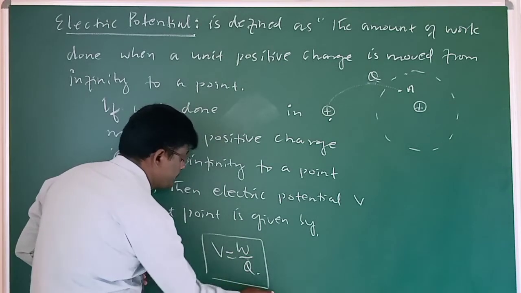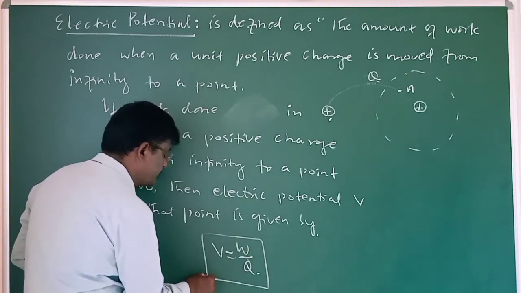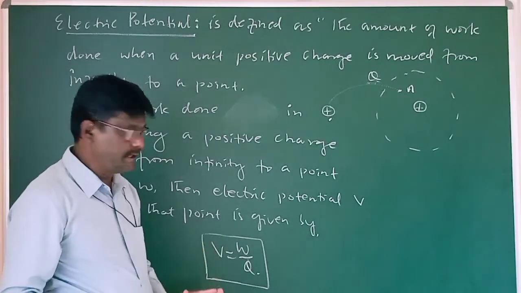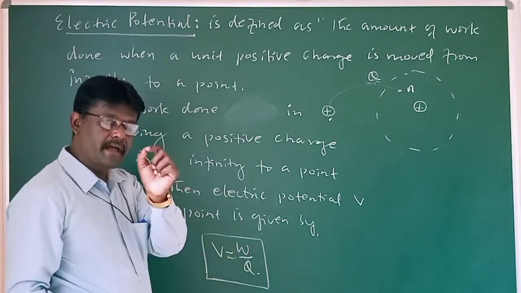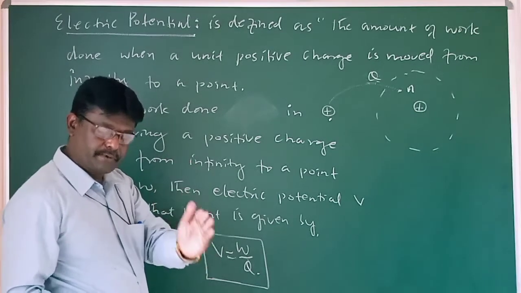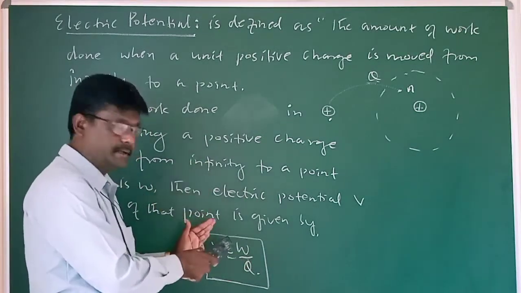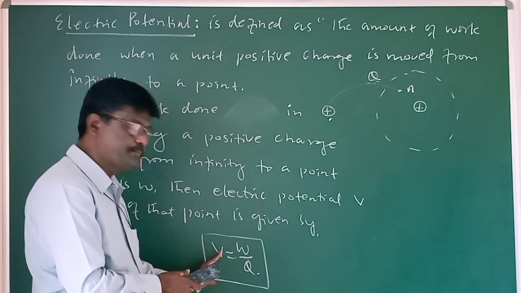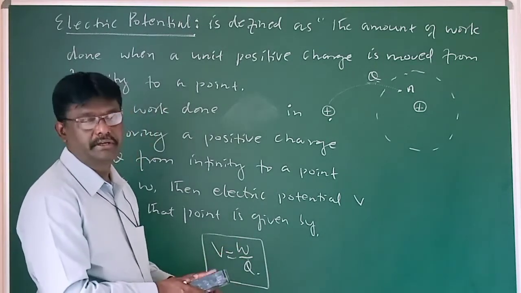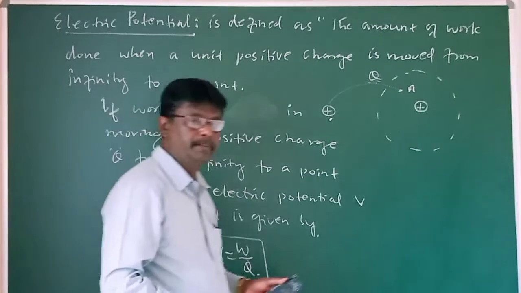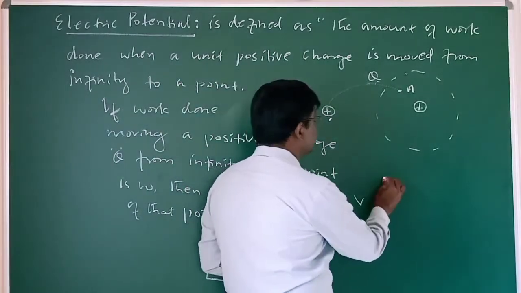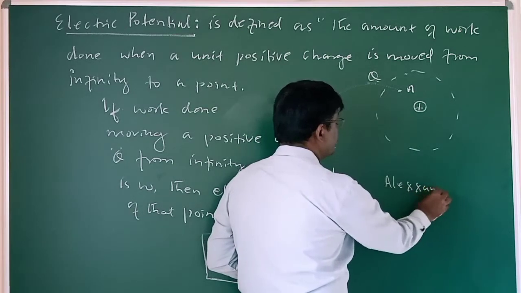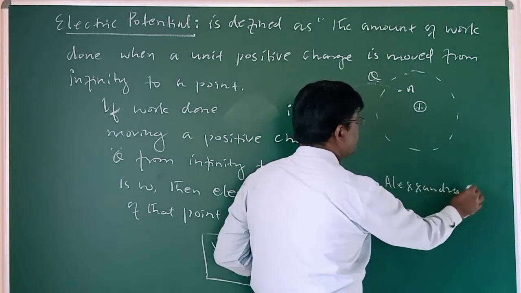by Q. So in physics, whenever we have a physical entity, we should have a definite definition. Next, the symbol for electric potential is V and its SI unit is volt, named after the scientist Alessandro Volta.